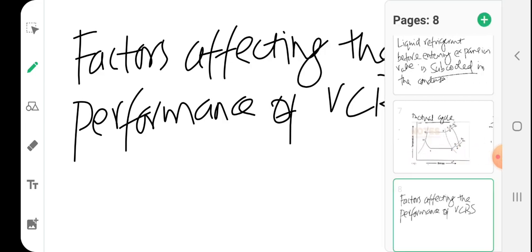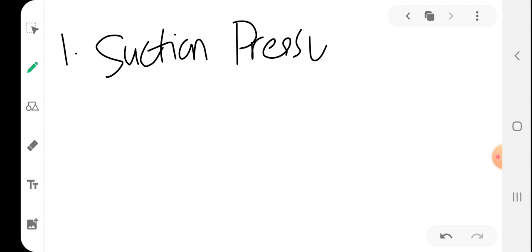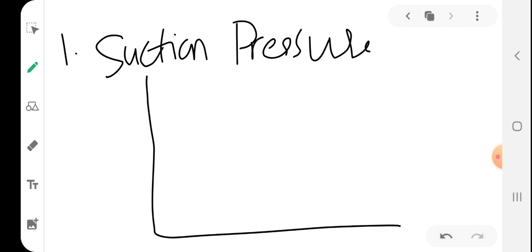So students, the first factor is suction pressure. What is suction pressure? Suction pressure is the inlet pressure of the compressor, or evaporator pressure. In the actual cycle they are a little bit different, but we are going to learn the theoretical cycle.